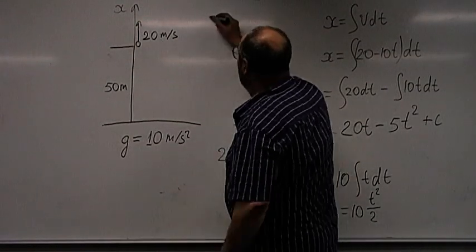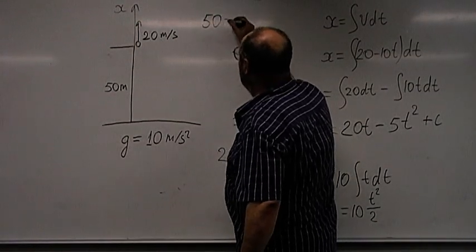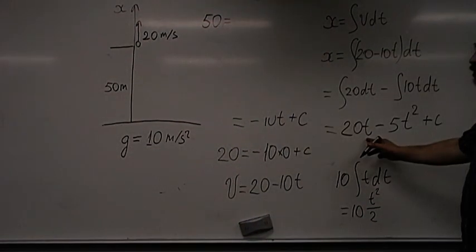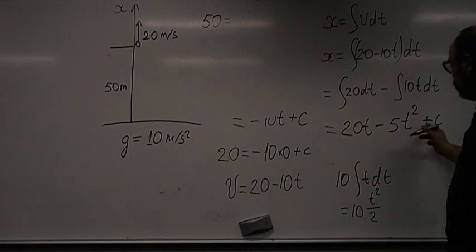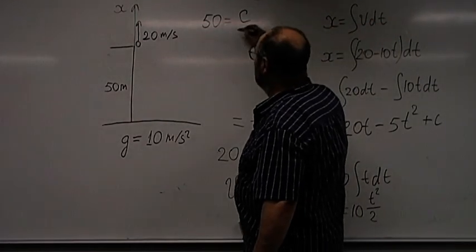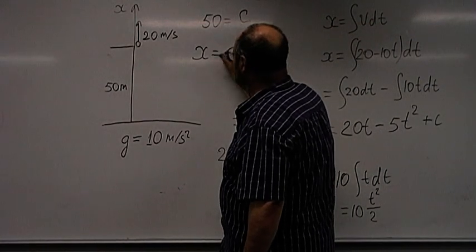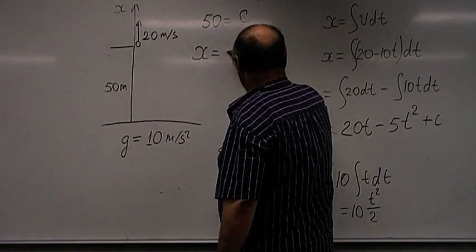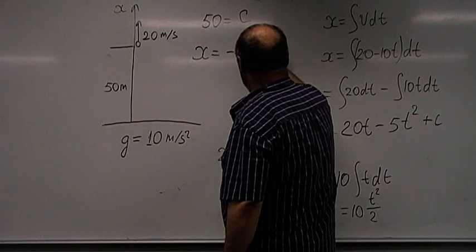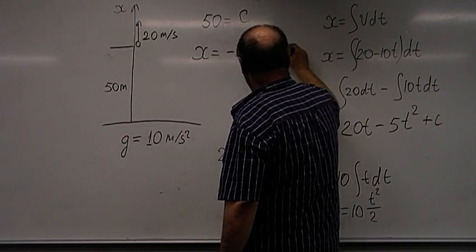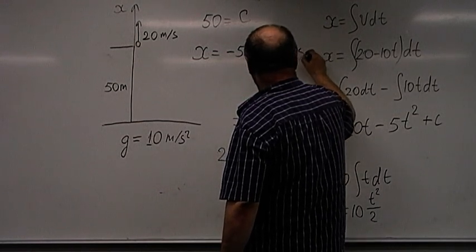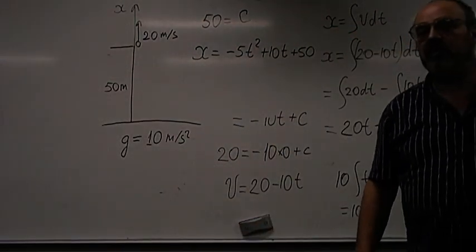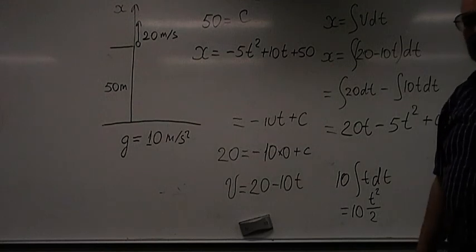We have 50 equal to c, so c equals 50, and the expression for the position is x equals negative 5t squared plus 20t plus 50. That will give us the position at any given time.